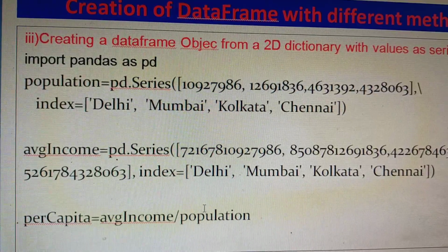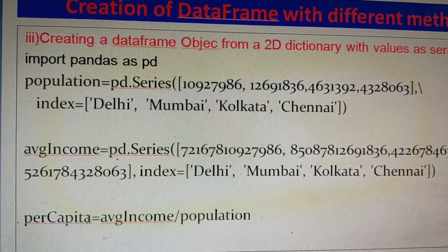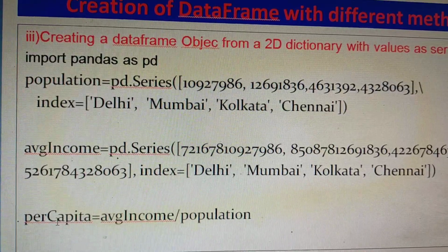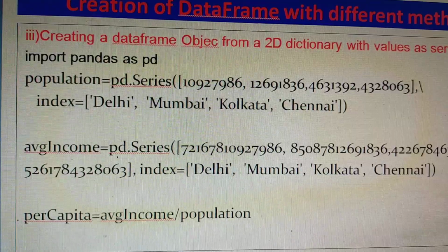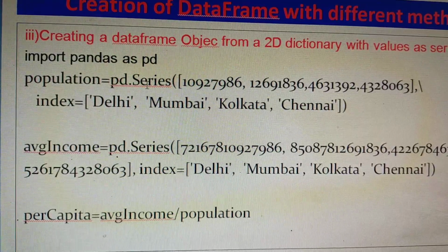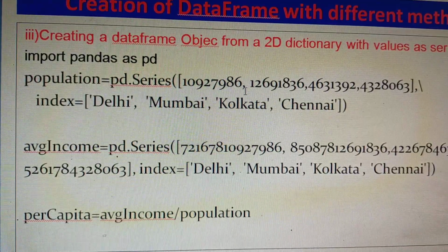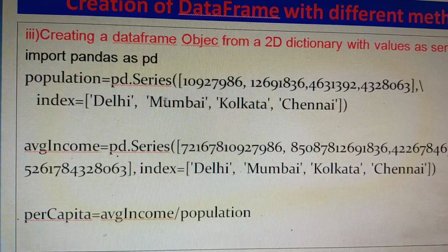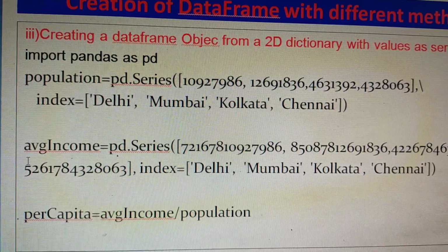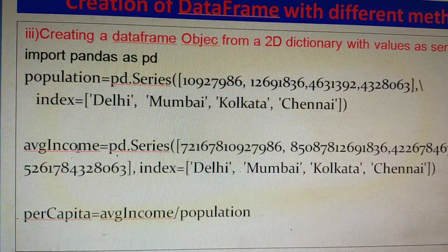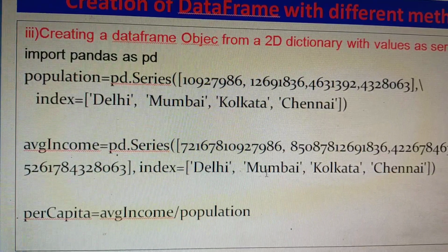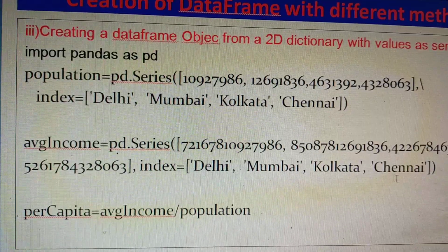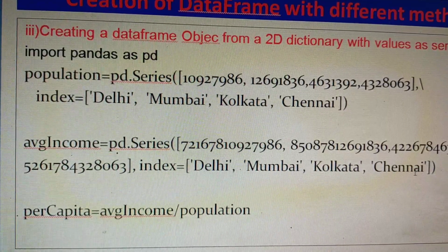We will first create the population series having the values of population and index as Delhi, Mumbai, Kolkata. The second series is average income, and there also the index is Delhi, Mumbai, Kolkata, Chennai.